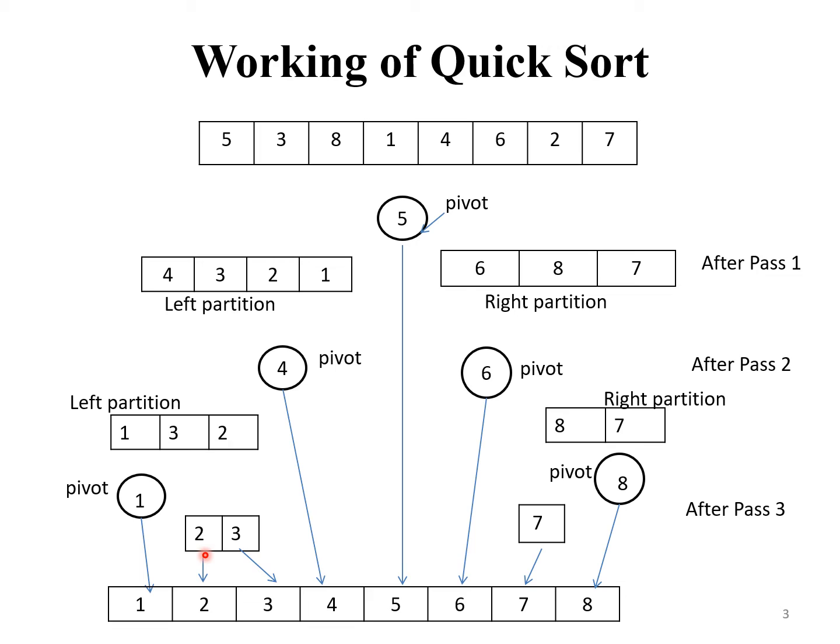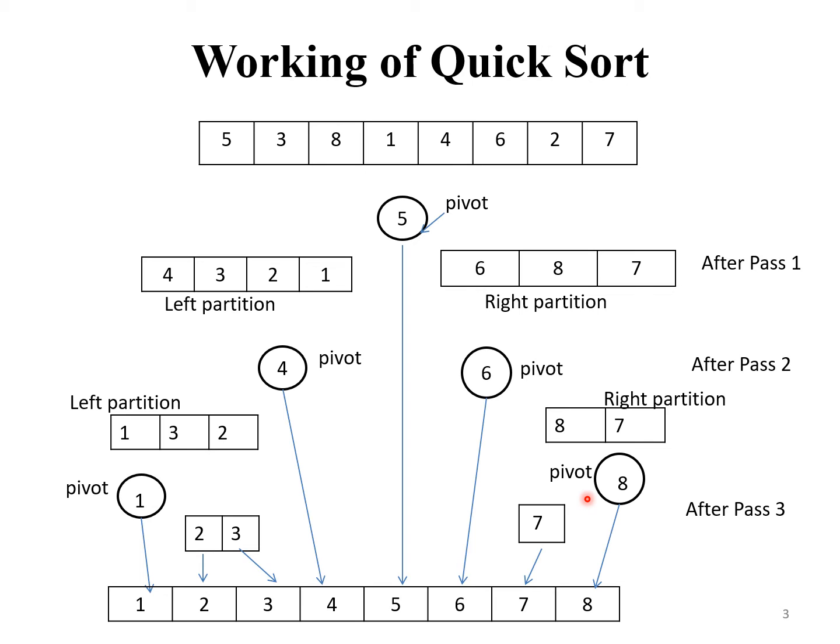Now 2 is the pivot element and 3 is placed on the right side of this pivot element. We repeat this process in the right side partition also. Now 8 is the pivot element and 7 is less than 8. That's why we place 7 on the left side of this pivot element.